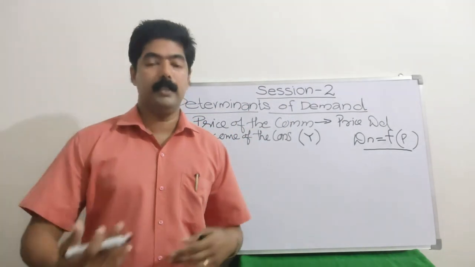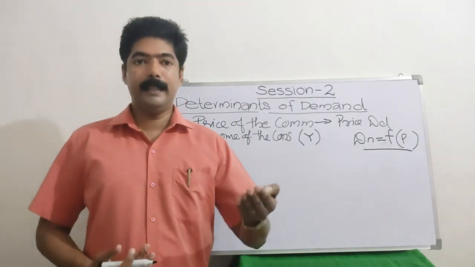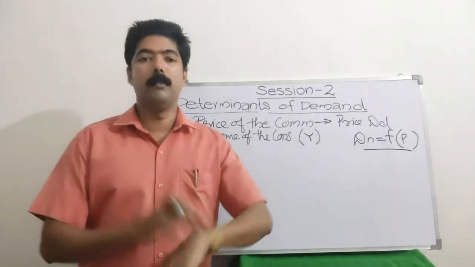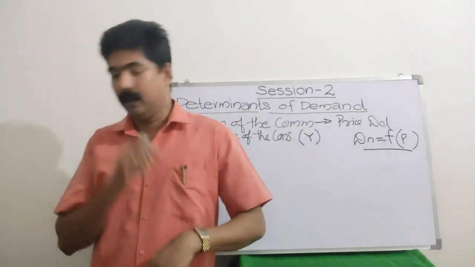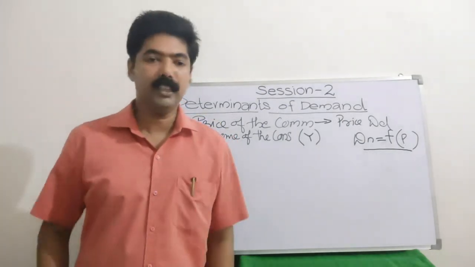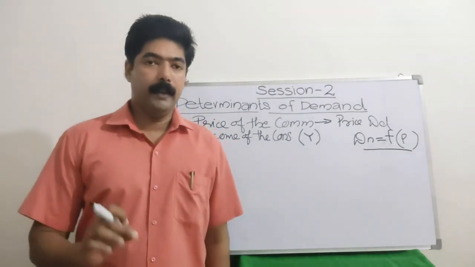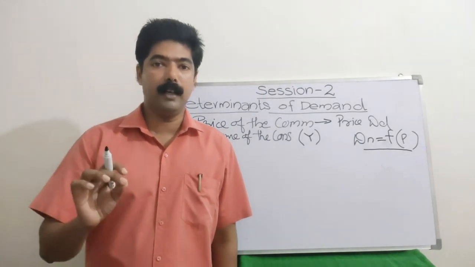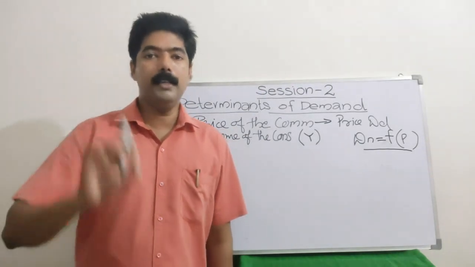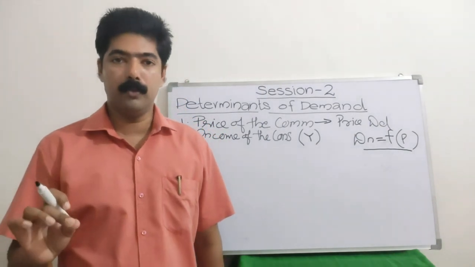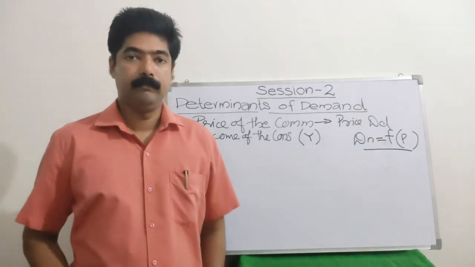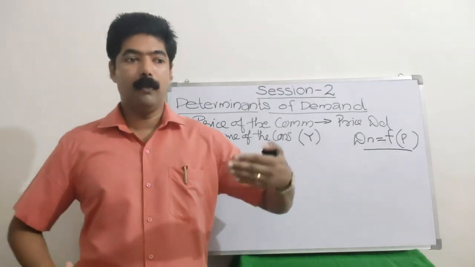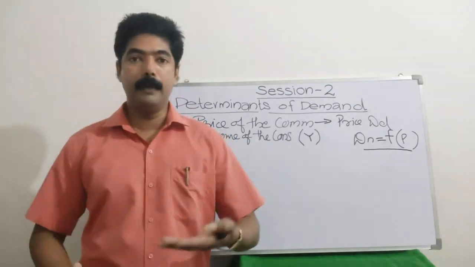Generally, there is a direct relationship you can see in the income of the consumer. It means that when the income of the consumer increases, the quantity demanded of that commodity increases. You are students and teenagers.